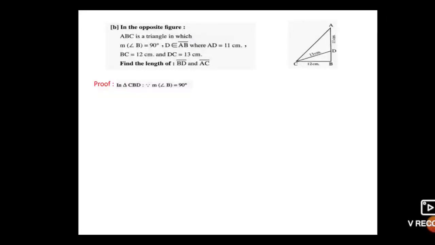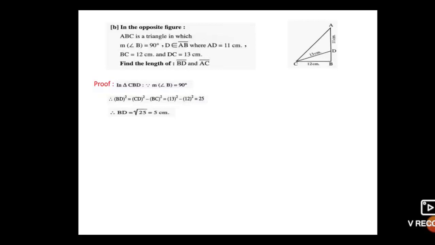Start with the small triangle CBD, because you have the lengths of two sides, BC and CD. Now you can find the length of BD. BD squared equals CD squared minus BC squared.